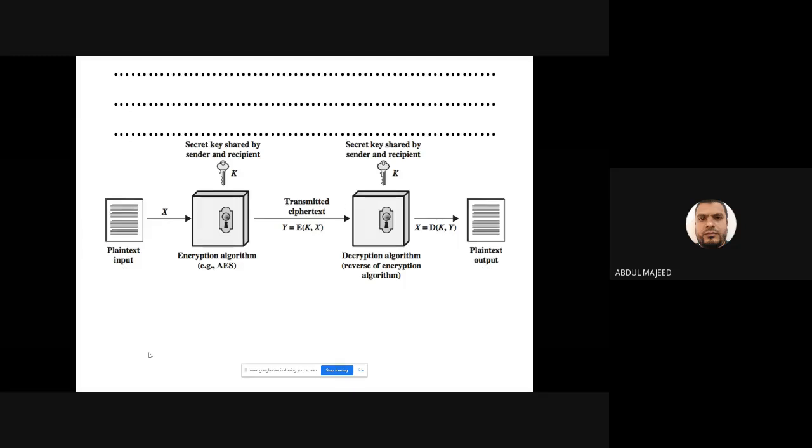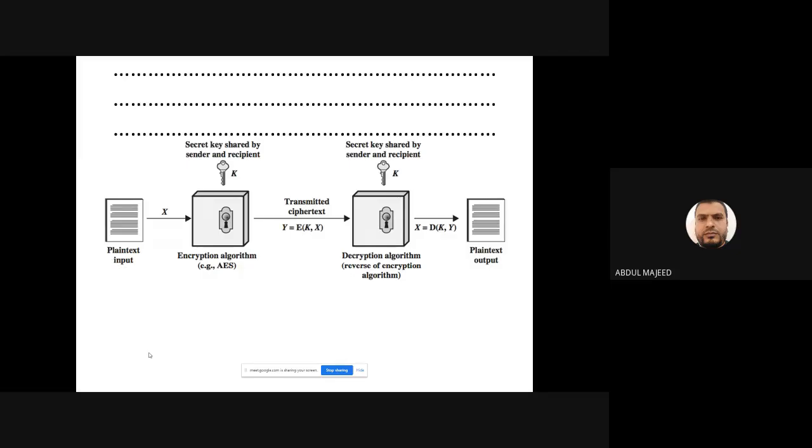Then cipher text and decryption algorithm. These were the five ingredients of conventional encryption, and using them we have drawn this conventional encryption model.